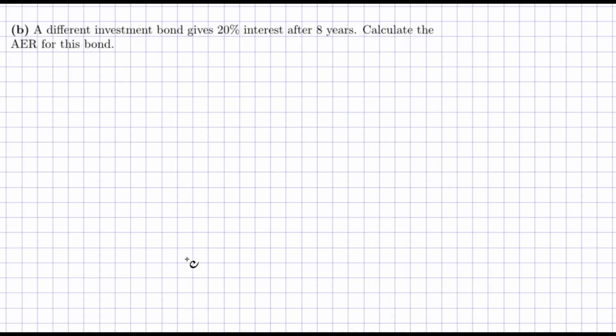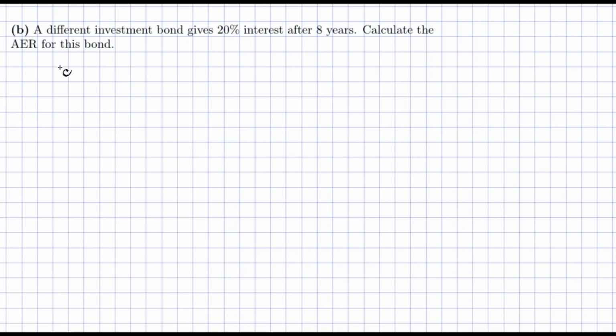In part B then, we're told a different investment bond gives 20% interest after 8 years, and we have to calculate the AER. Now we can actually use the same formula for this, because since we're told that we're getting 20% interest, that means that the final value is 20% higher than the present value.